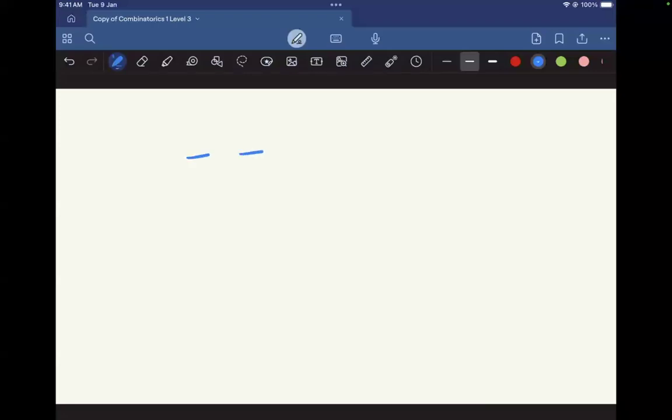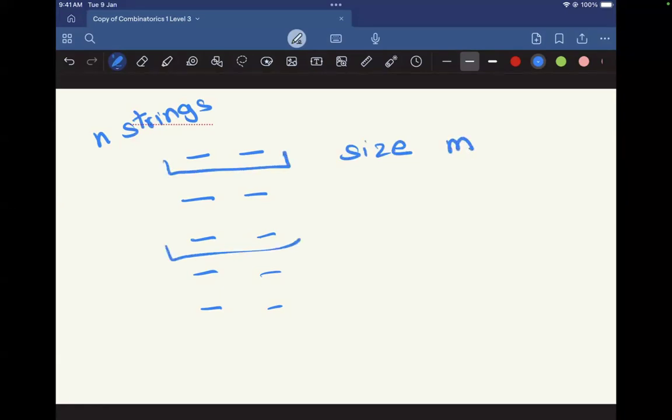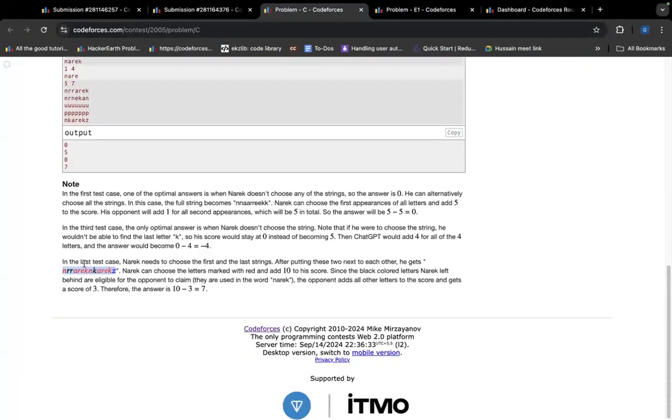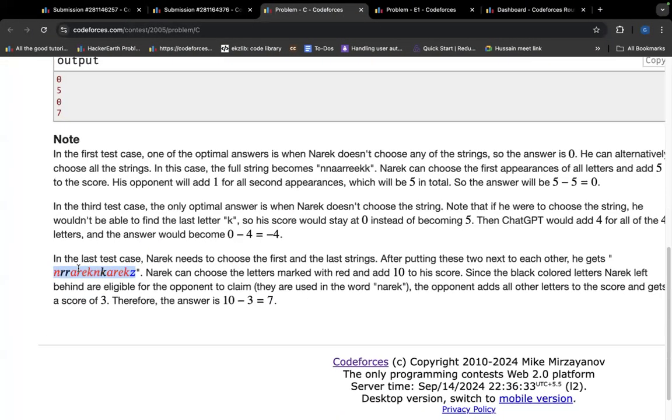You are given a series of strings, right? We are given n strings. All right. And each string is of size m. Our task is to select a subset of these strings and concatenate them in order. All right. If you look at the particular problem, let's take this. Let me just write it down.